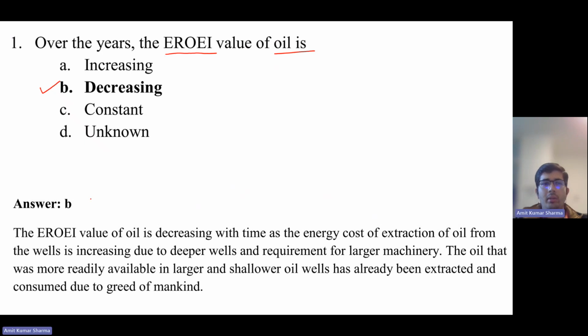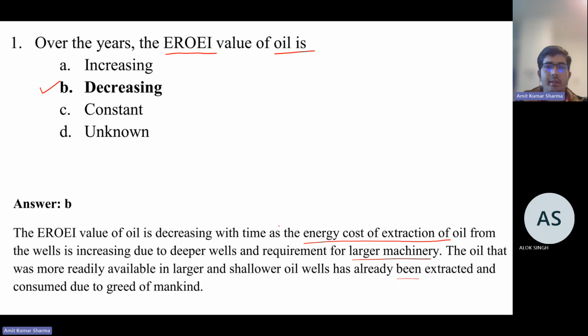The EROEI value of oil is decreasing with time as the energy cost of extraction of oil from the wells is increasing due to deeper wells and the requirement for larger machinery. The oil that was readily available in larger and shallower oil wells has already been extracted and consumed due to the greed of mankind.